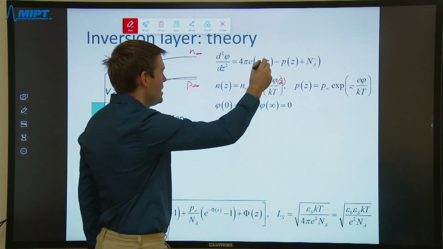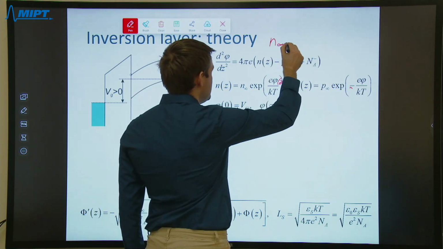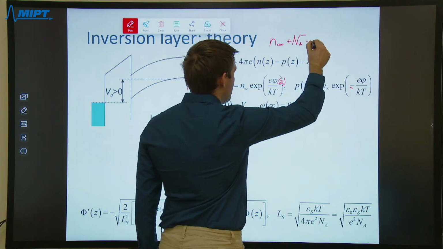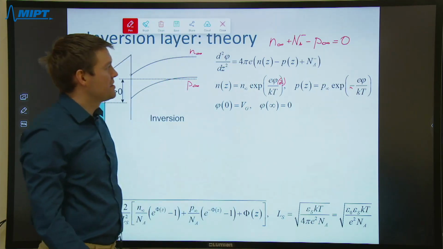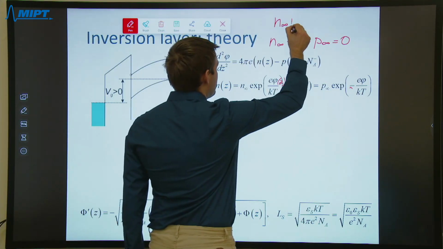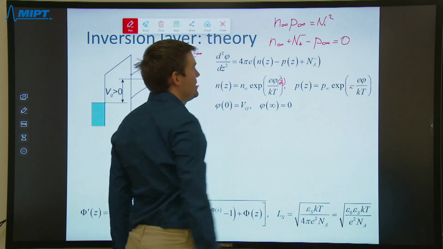They are related to the acceptor density by the neutrality condition. N infinity plus acceptor density minus P infinity equals 0. This is the first condition, and the second one is that the product should be equal to intrinsic carrier density squared.